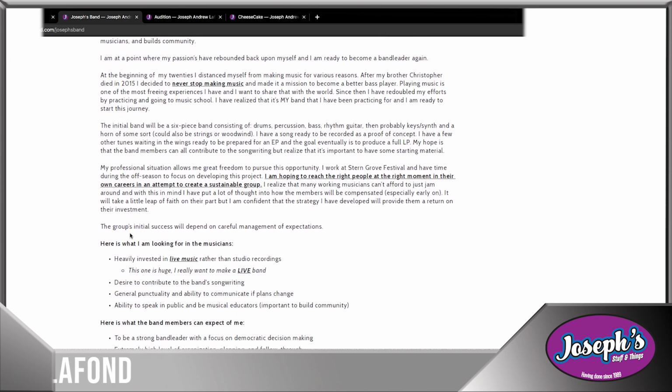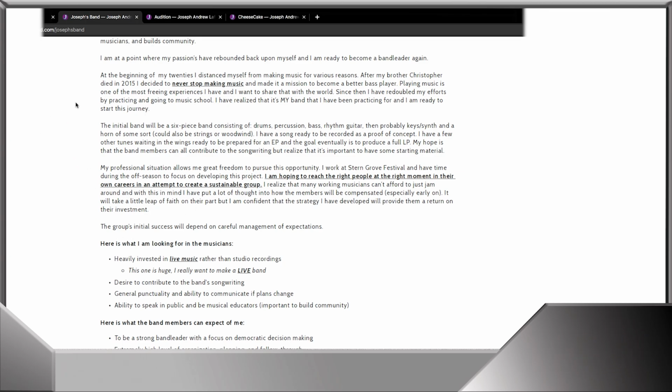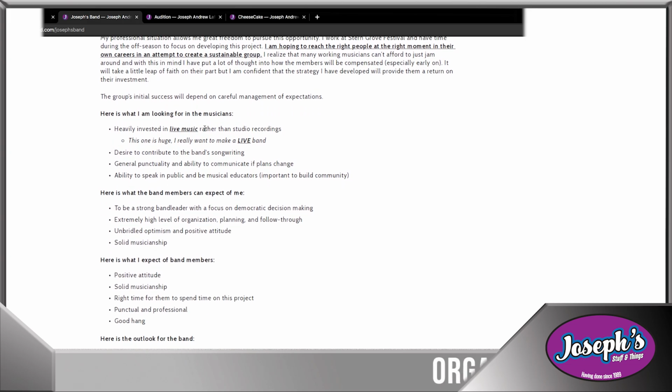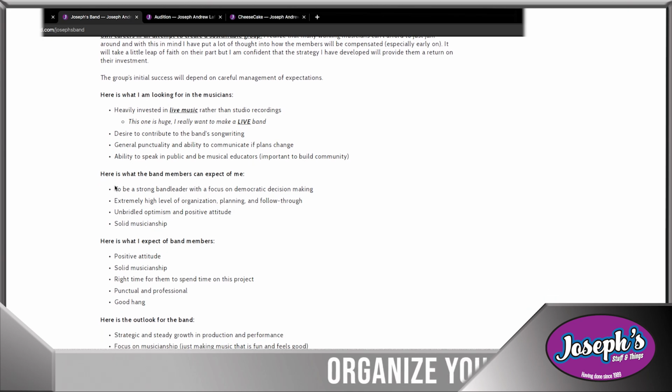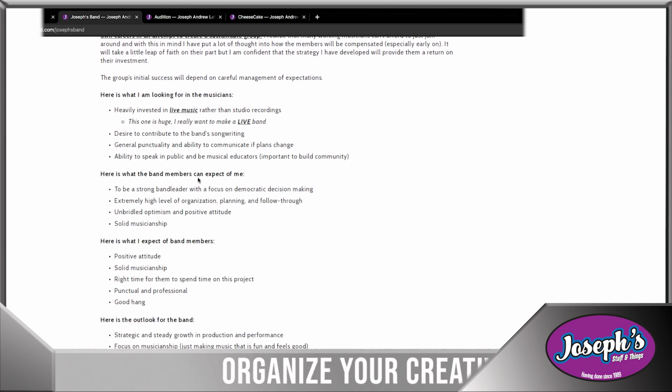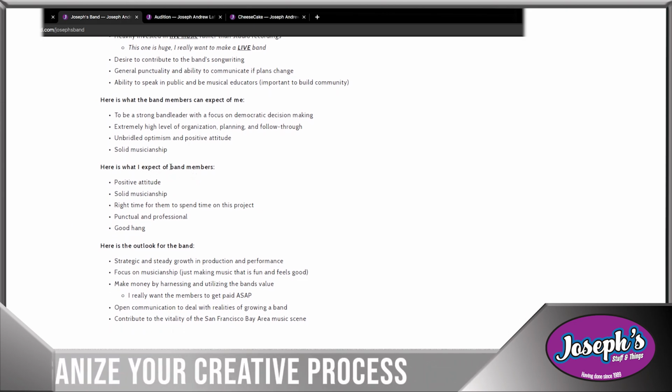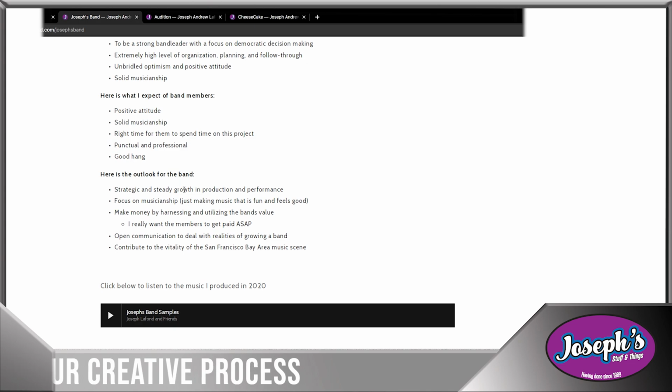So I detailed a bunch of context about background, about where I'm at, what the band's going to sound like, what it's going to be made up of, and what my ideology behind it and my strategy is. I've detailed what I'm looking for in the musicians, what the band members can expect of me, what I expect of the band members, and a little bit of the outlook.